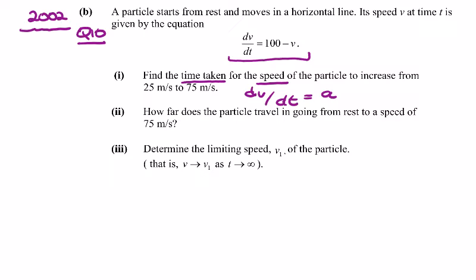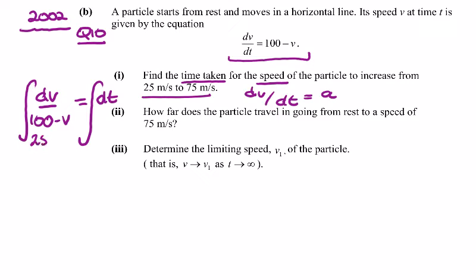So let's have a look at simplifying dv/dt. We're going to get dv over 100 minus v will be equal to dt, and we're going to integrate these to find time, and the speed of the particle has to increase from 25 to 75.